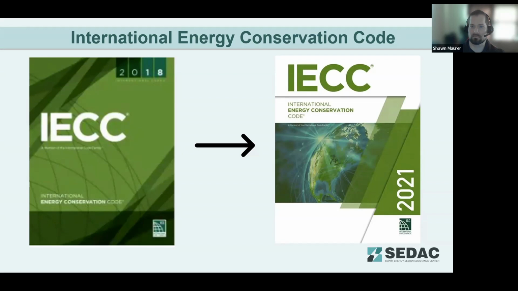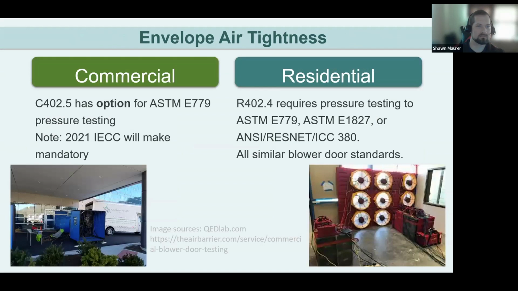Probably the biggest one for buildings is envelope air tightness. On the commercial side, you do have the option to do air barrier testing with a pressure test. For the 2018 IECC, that has to be the ASTM E779 pressure testing.